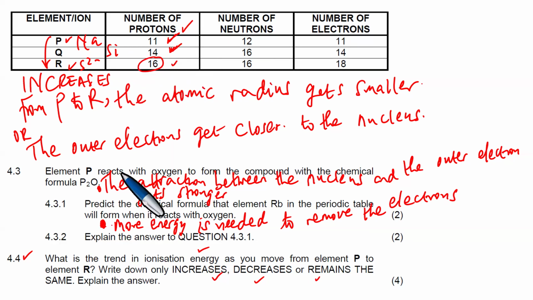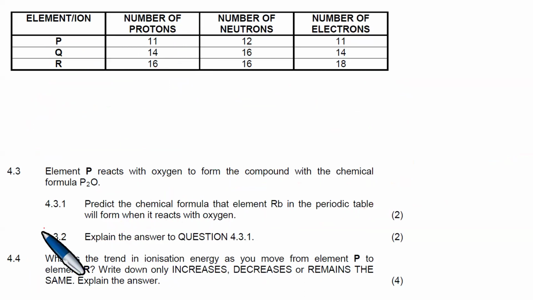That is the pattern we're seeing. Hence, there's an increase in the ionization energy, as the reasons have been stated. Try to pay particular attention to the patterns stated in this set of questions. Take note of that and make sure you understand it.